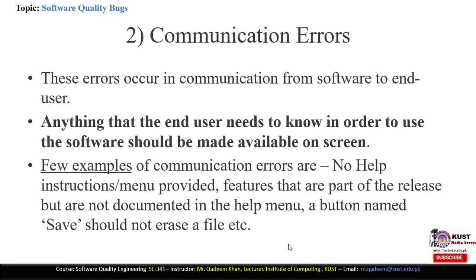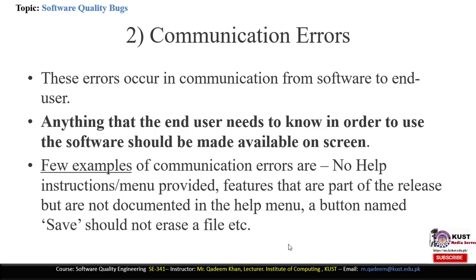The second type of error is called the communication error. These errors occur in the communication from the software to the end users. When there is some communication from the software side to the user side and there are certain problems in that communication, that is called a communication error.